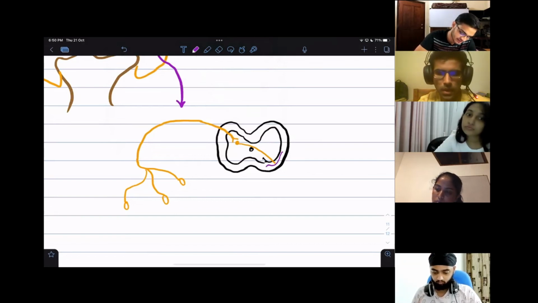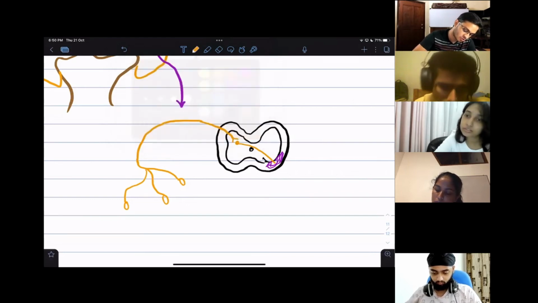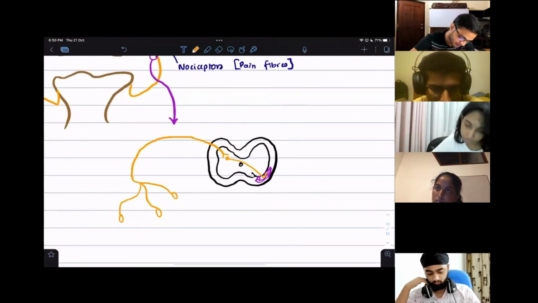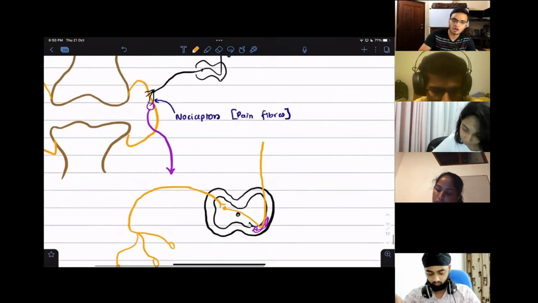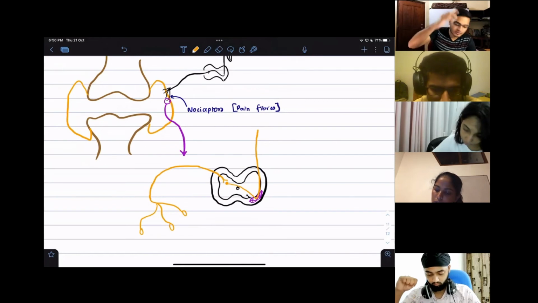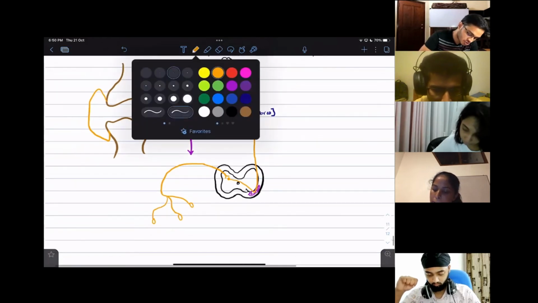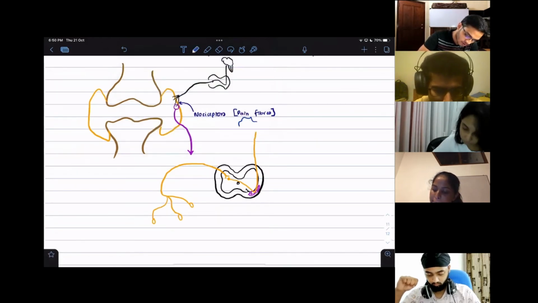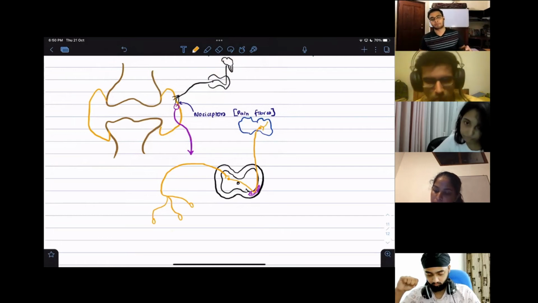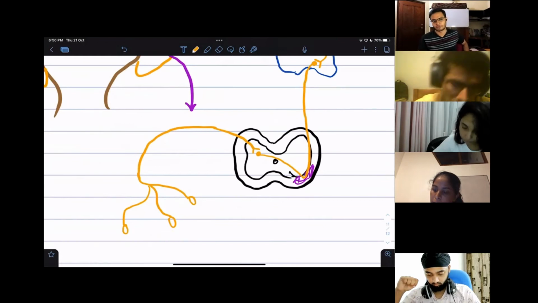Yes, the spinothalamic tract. From there it ascends all the way through the pons, the midbrain, all these structures, eventually going to the cerebrum. We are not going to draw all the structures. There it will combine with some other third order neurons and finally go to that part. Not necessary. Here is what we need to know.